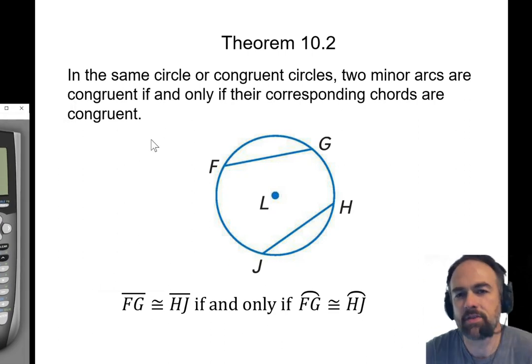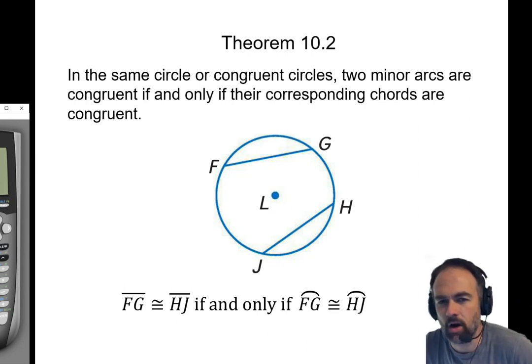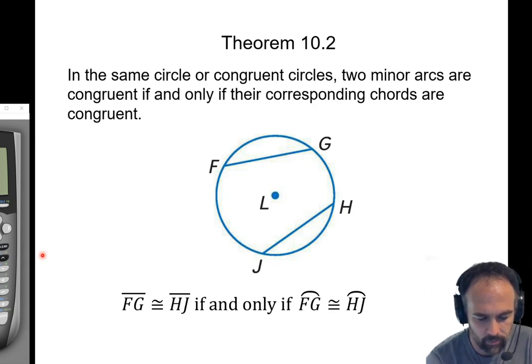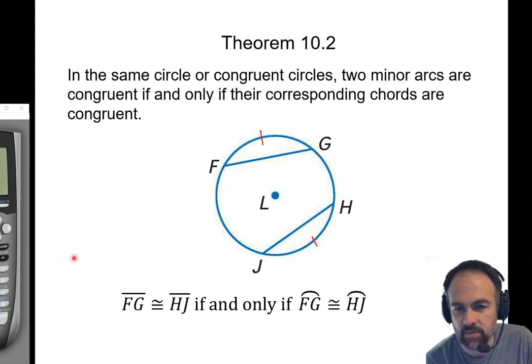Okay, so in the same circle or congruent circles, two minor arcs are congruent if and only if their corresponding chords are congruent. Here arc FG is congruent to arc HJ. The way that we show that is with a single tick mark on each one, just like we would with congruent segments.